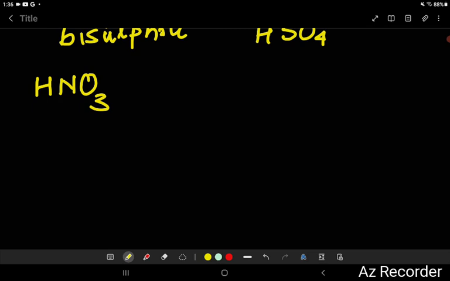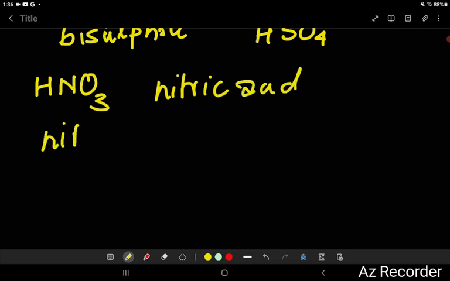Other acids are also present, but these three are generally used in the laboratory as well as for writing chemical reactions in your notebook or syllabus. Nitric acid will form nitrate salt, and the symbol of nitrate is NO3 with a negative one charge.